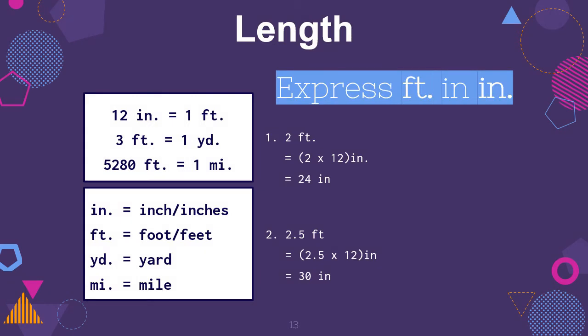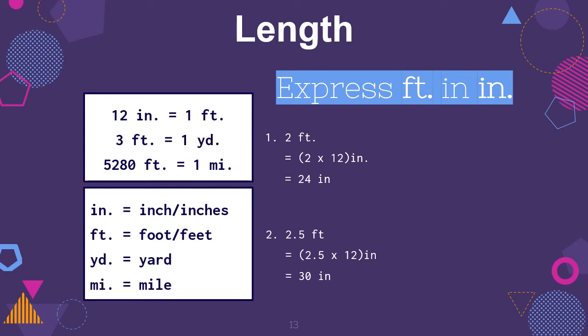So we have 12 inches, or IN means inches, is equal to 1 foot, and 3 FT, or FT means feet, is equal to 1 YD. YD means yard. And 5,280 FT, FT means feet or foot, is equal to 1 MI or mile.